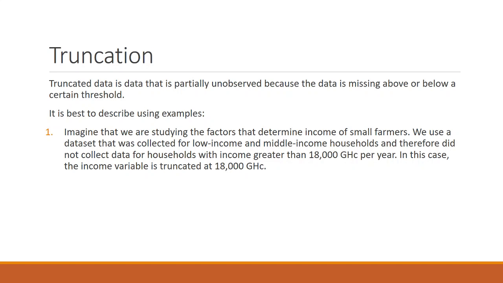We did not even collect data on those people that are above 18,000. That means they're missing from our data set entirely. We don't have data on those people that have income above 18,000. We either don't have information about any variables about them, or we don't have information just about their income variable. Either way, the data is missing from our data set entirely.